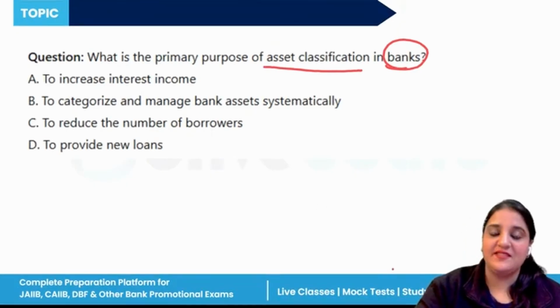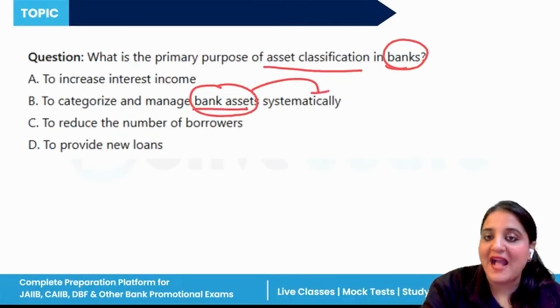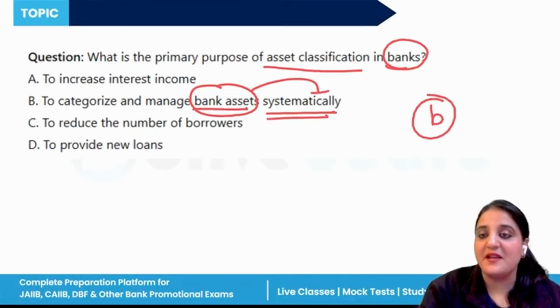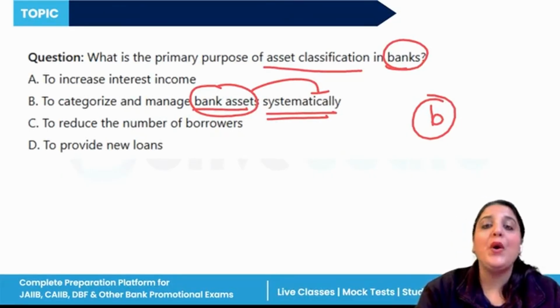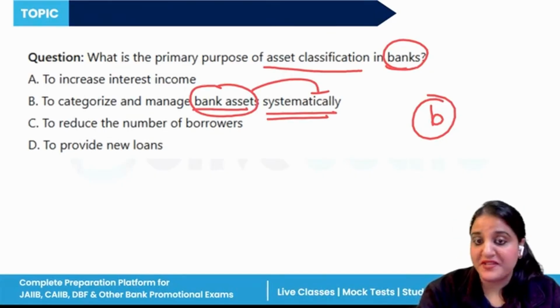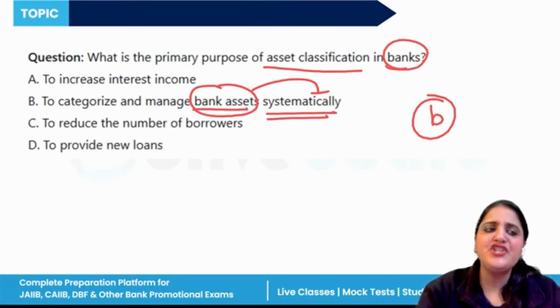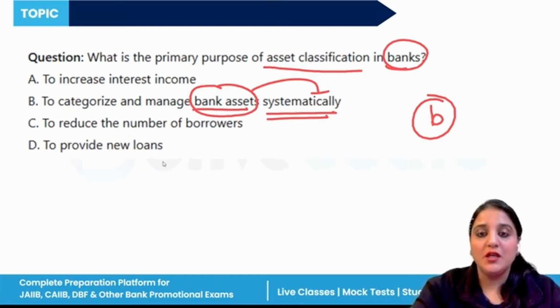The very simple answer is to categorize and manage the bank's assets systematically, right? It means asset classification allows banks to organize their loans and other assets based on risk and performance, which helps in monitoring and reporting. It is not about increasing the income. It is not about reducing the borrowers. It is just about management.